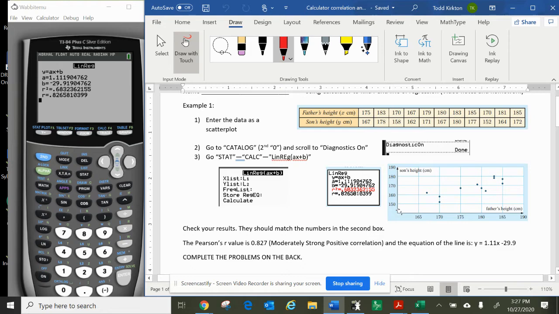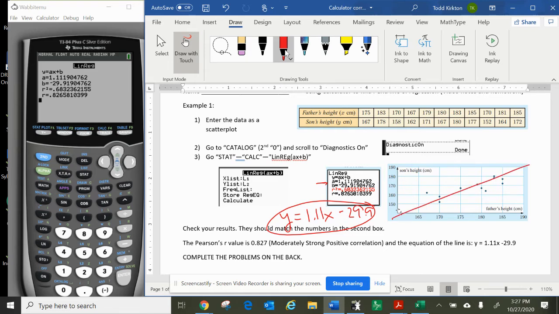If y equals mx plus b or y equals ax plus b, the equation here would be y equals 1.11x, that's the a, minus 29.9. If we graph that, it's roughly 1x minus 30. That would be the line of best fit that goes through those values. So that's the line of regression, and this is the R value.